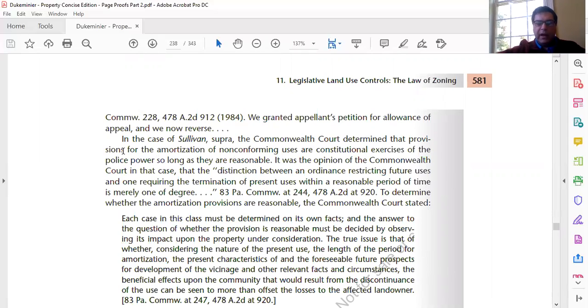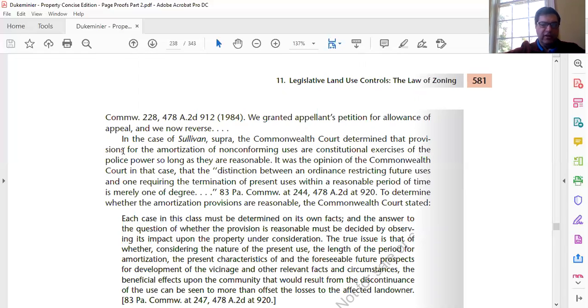They did so by adopting a definition of reasonableness that looked at the beneficial effects to the community of discontinuing the use and weighed those with the losses to the affected landowner. And on that standard, the court had decided that amortization provisions were reasonable.